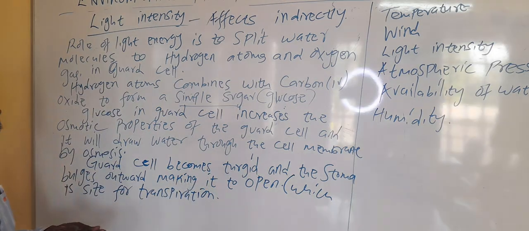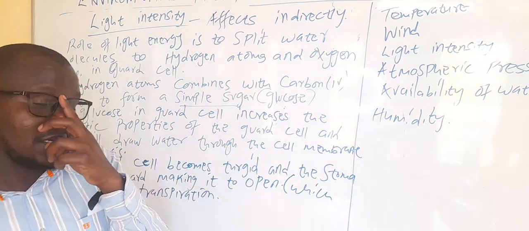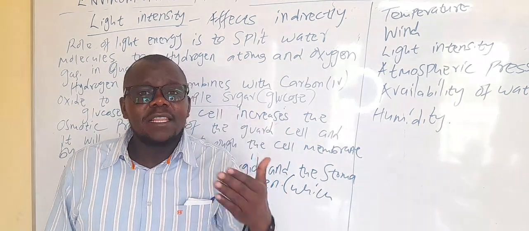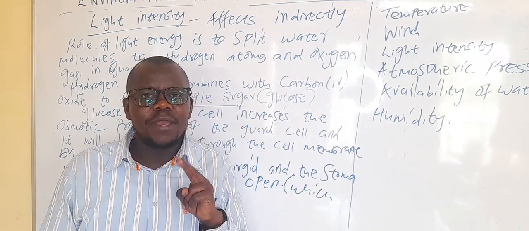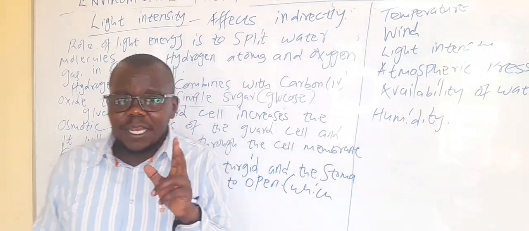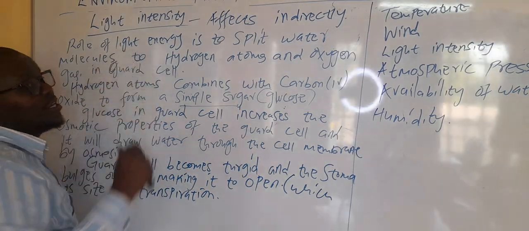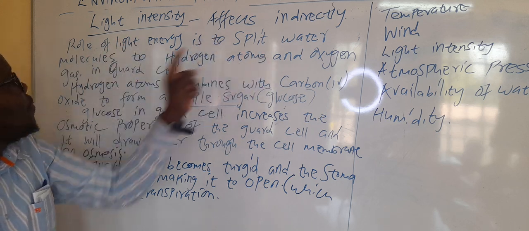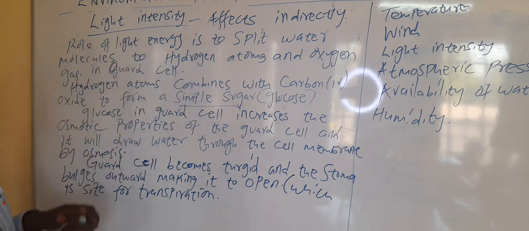So let's relate this. We are saying it affects transpiration indirectly. It affects the opening of the stomata, which is the site for transpiration. Stomata do two functions: gaseous exchange and serving as a site of transpiration. The more the light intensity, the more the light energy, which is used to split water molecules into hydrogen atoms and oxygen gas.